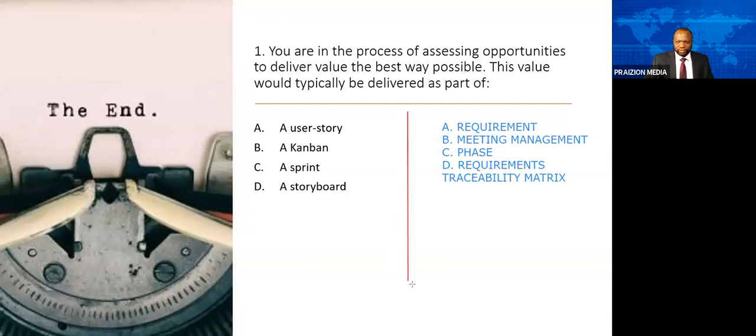So, in the world of predictive, your deliverable, which gives value to the customer, would be delivered as part of a what in the world of predictive? Think about it, because what is on the left, I've tried as much as possible to mirror to the right. You see what I'm saying?